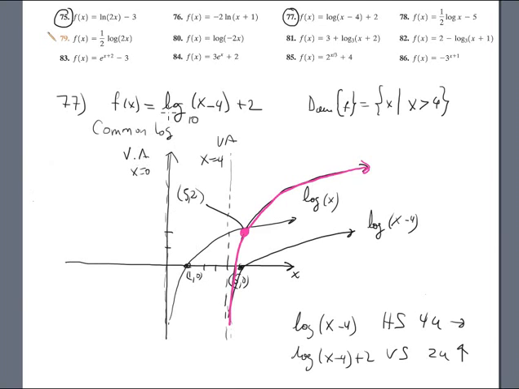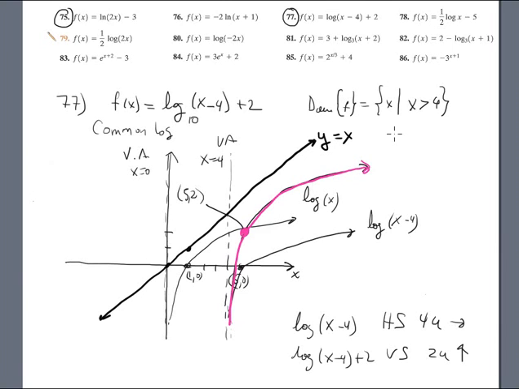Now let's come back to the black color. Let's do the graph of the identity function, y equals x. Now, look at the graph.